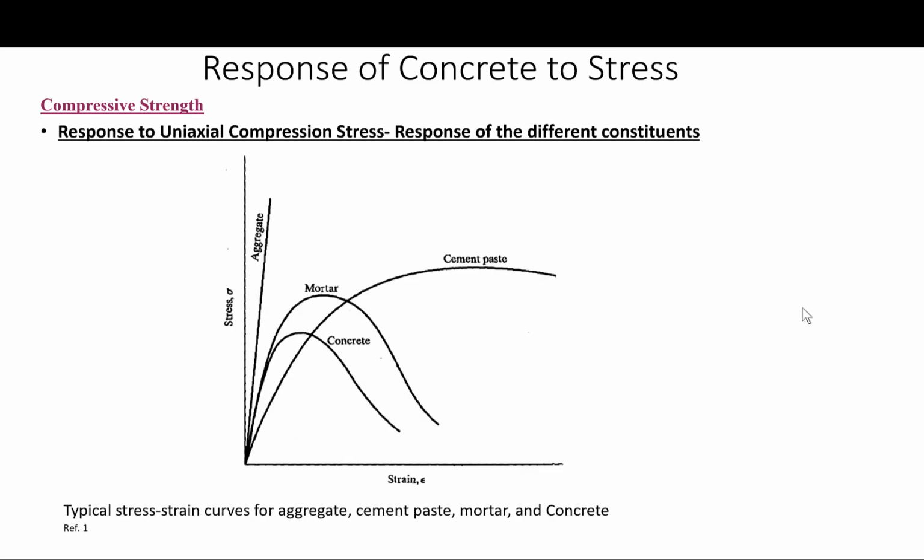So let's see the physical nature of the response. As described earlier, concrete is a composite material, consisting of an essentially linear material, which is the aggregate, and a highly nonlinear material, which is the cement paste, separated by an interfacial transition zone that, in most cases, behaves as a weak link, separating the other 2 phases.